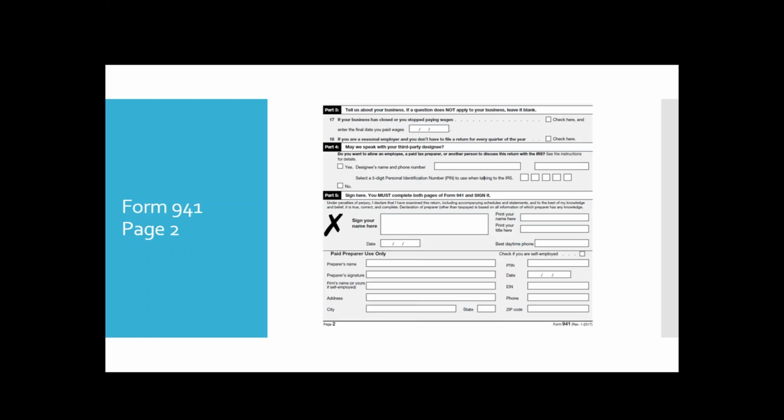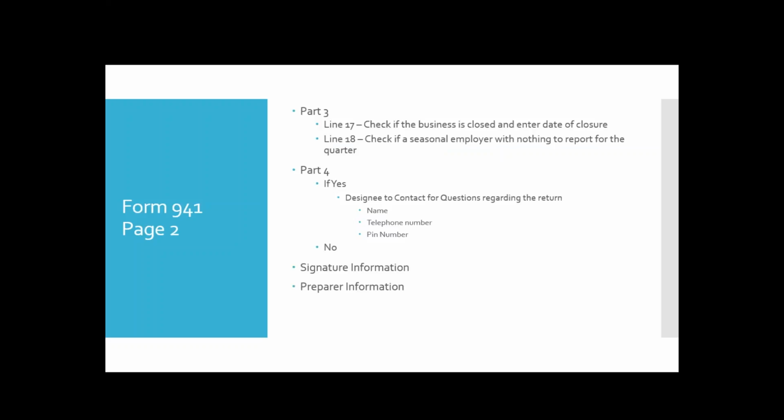And if you want to let someone designated by you discuss the return with the IRS, check yes and fill out Part 4. And always complete Part 5 with an official signature and any paid preparer information if that is applicable.